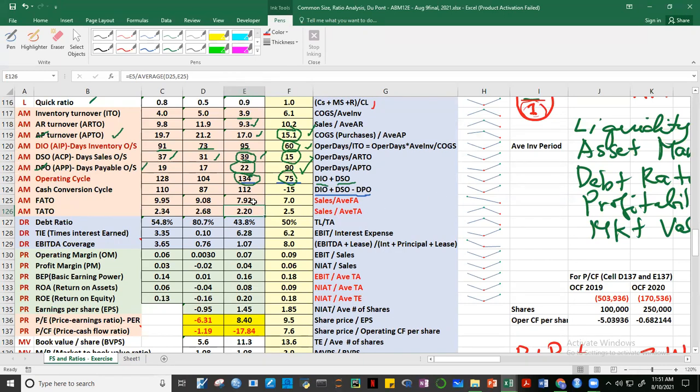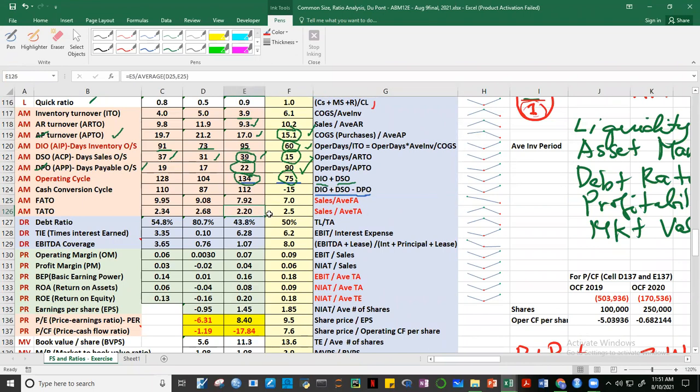Notice, guys, we beat the competitor in terms of fixed assets, but we lose in terms of total assets. That means we lose to the competitor in terms of current assets. Since we beat the competitor in fixed assets, what other asset makes up total assets? Current assets.